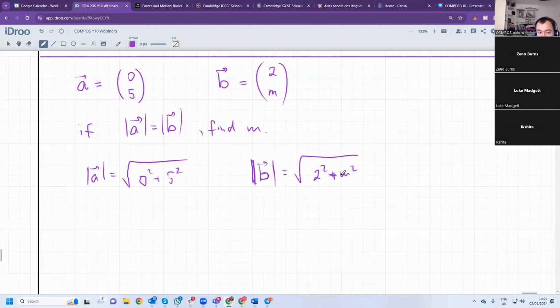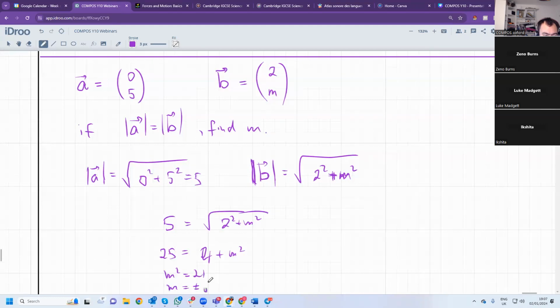You use the square root of the sum of the squares of the components. This is 5, of course. Because they're equal, 5 equals the square root of 2 squared plus M squared. In other words, 25 is equal to 4 plus M squared. M squared is 21. M is plus or minus the square root of 21.